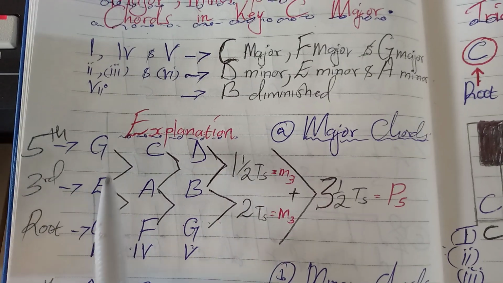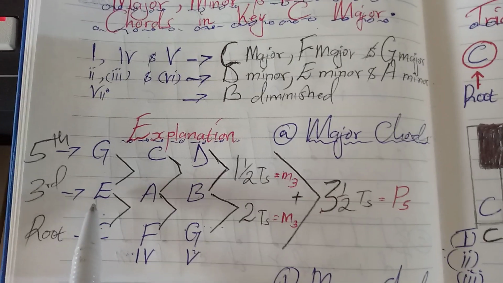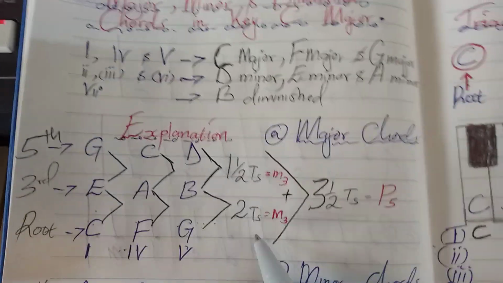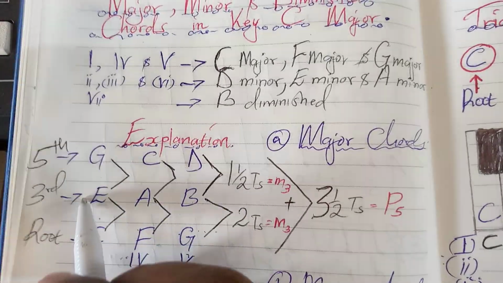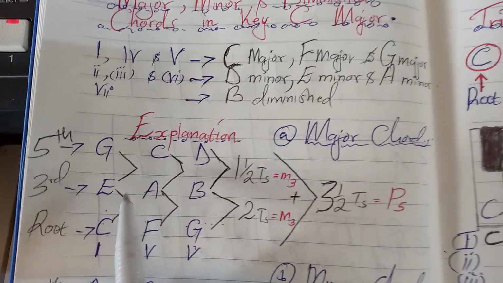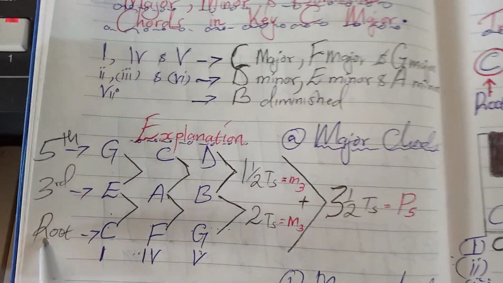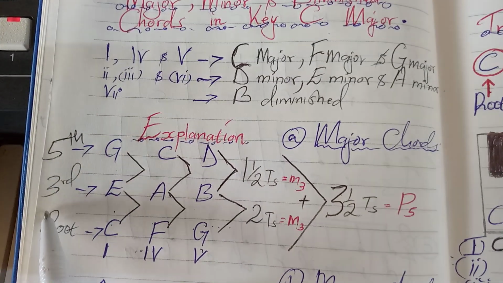So on the lower side, the lower third is a major third. Then the upper third is a minor third. So we have 2 thirds. We have the lower third between the root and the third, and then between the third and the fifth, we have the upper third.